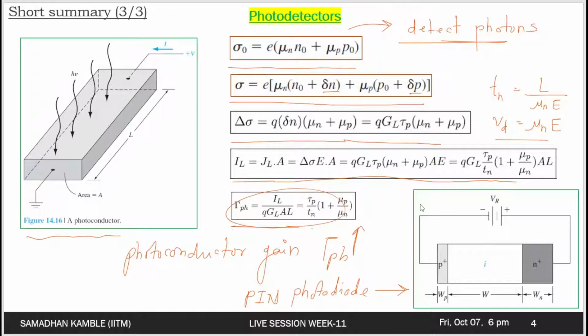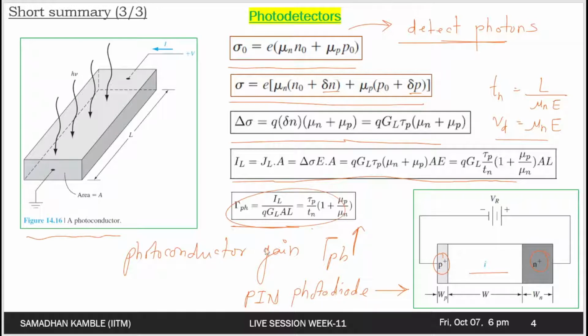As you can see, the PIN diode consists of a P region and an N region separated by an intrinsic region. This is the intrinsic region. A sketch of this is shown here, and the intrinsic region width, which is W in this case, is much larger than the space charge width of a normal PN junction.